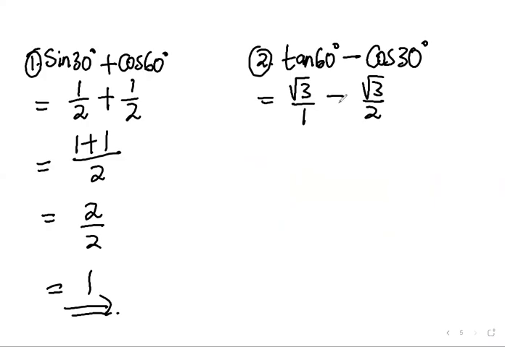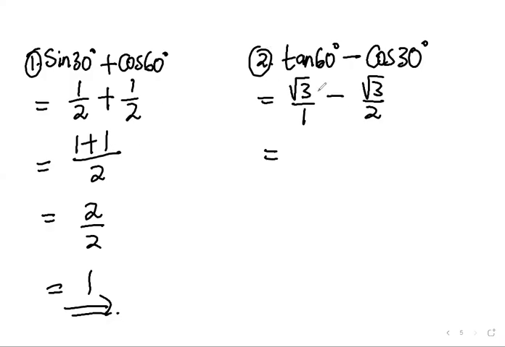What we can do is use the method of having an LCD, lowest common denominator. Your LCD is 2. In easy terms, whenever you have a positive or a negative sign in the middle, you cross multiply.